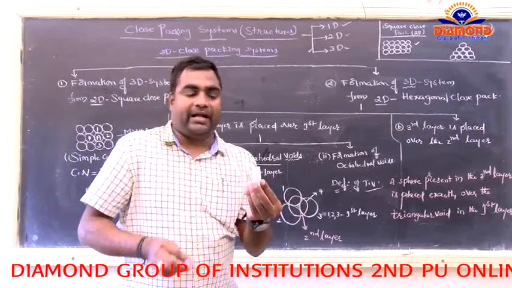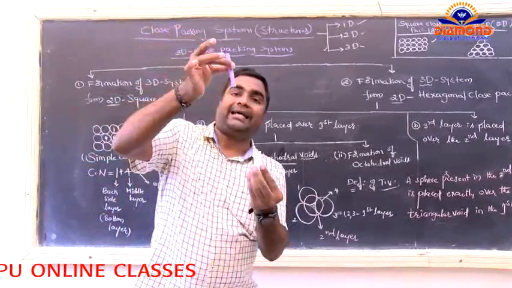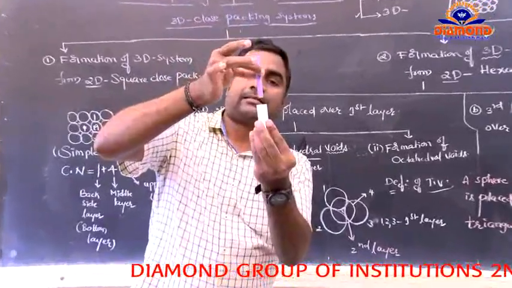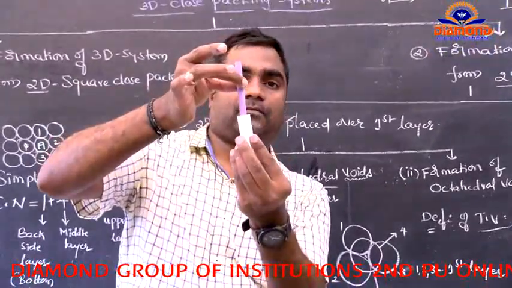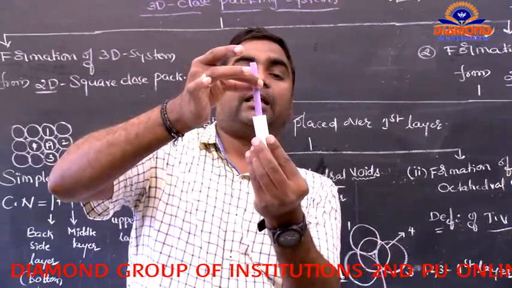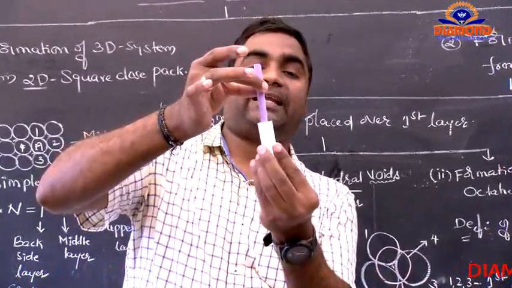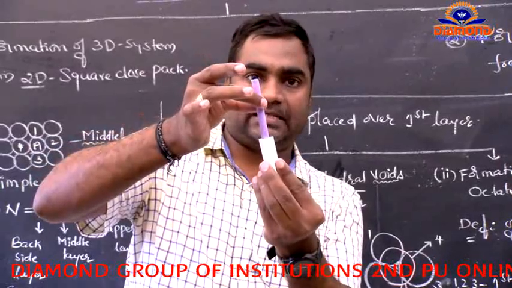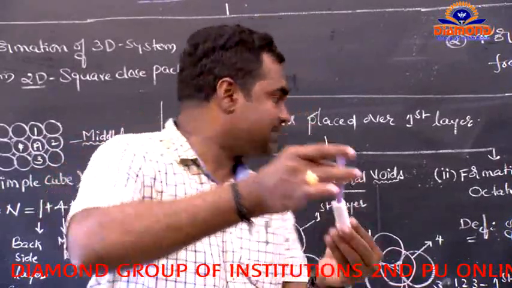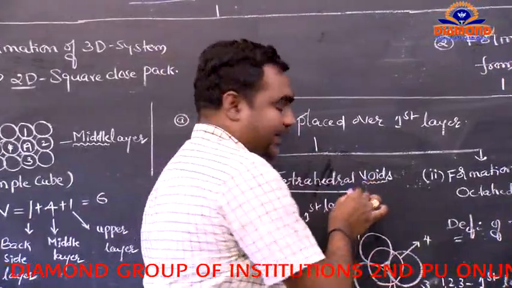Above this triangular void we place another atom like this. Then in between the four spheres we get an empty space, and that empty space is known as the tetrahedral void.